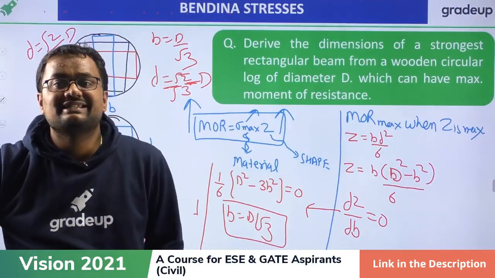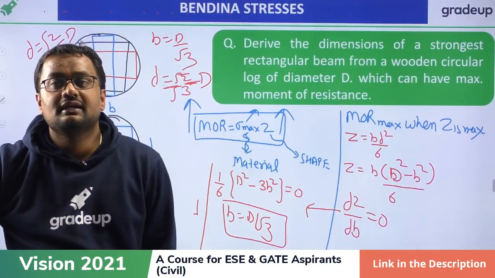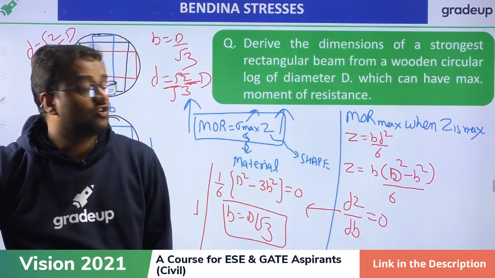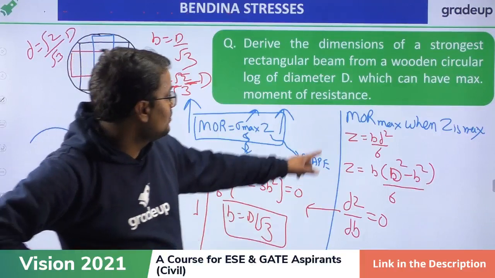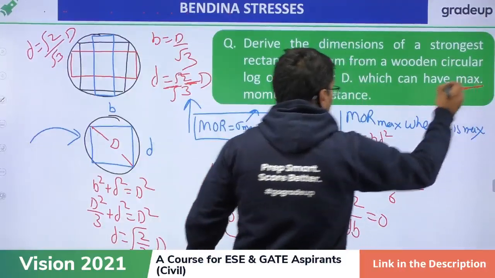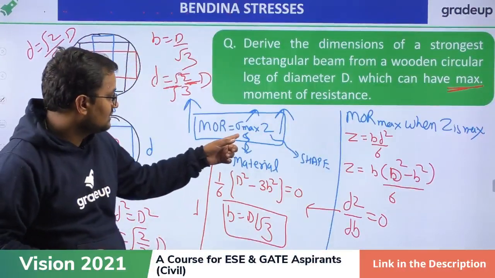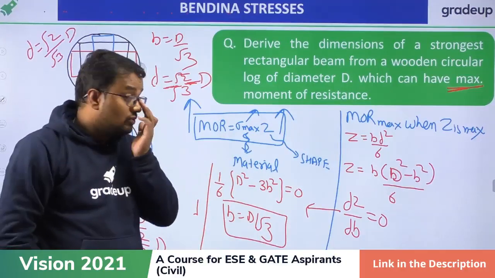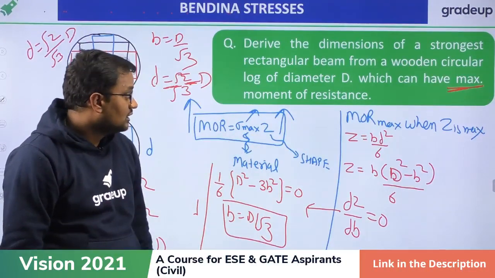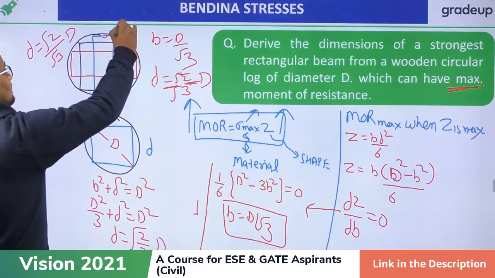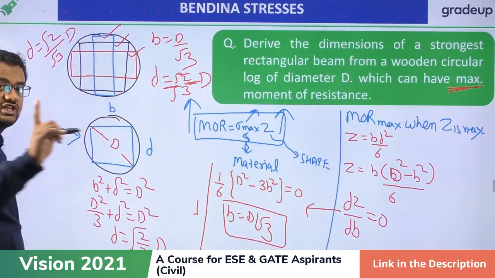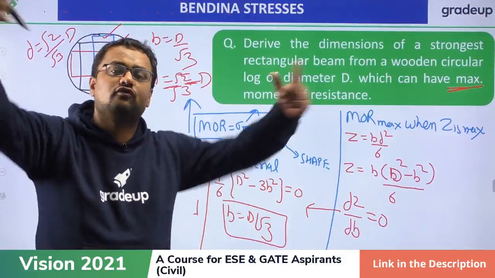Kritika is asking why dz by db is equal to 0. Kritika, see, we have to find out the maximum moment of resistance. The moment of resistance, as I derived earlier, is sigma max into z. For all these rectangles, either blue, black or red, sigma max will be the same because all are of wood only.